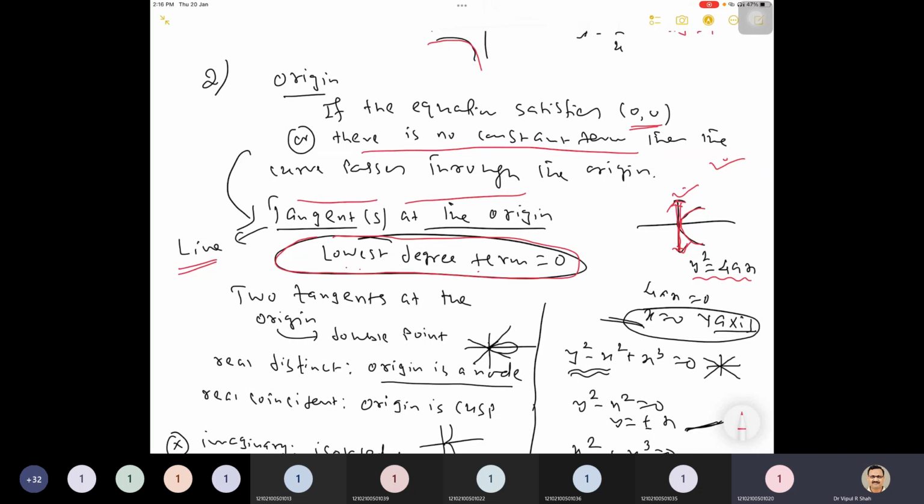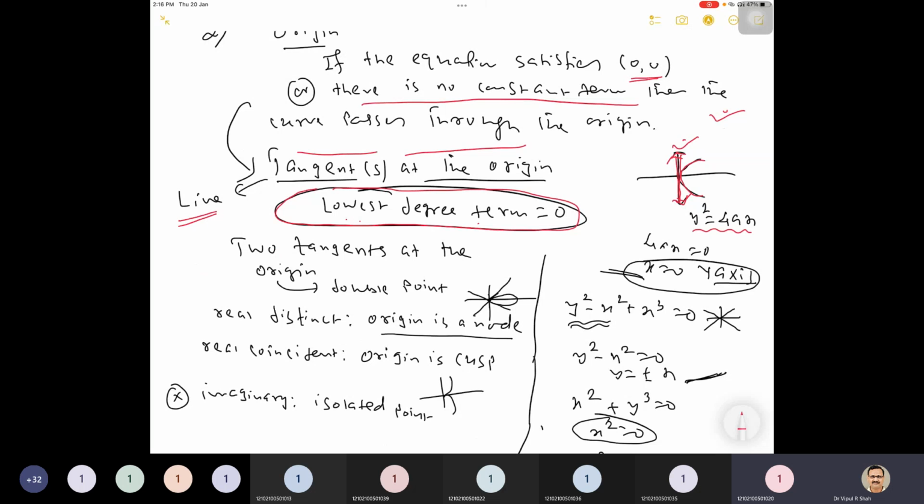Okay. Next part is what? Suppose this is one example. y square minus x square plus x cube equal to 0. This curve passes through the origin. Yes or no? Yes, sir. Now, what is the lowest degree term here? The highest degree term is x cube.